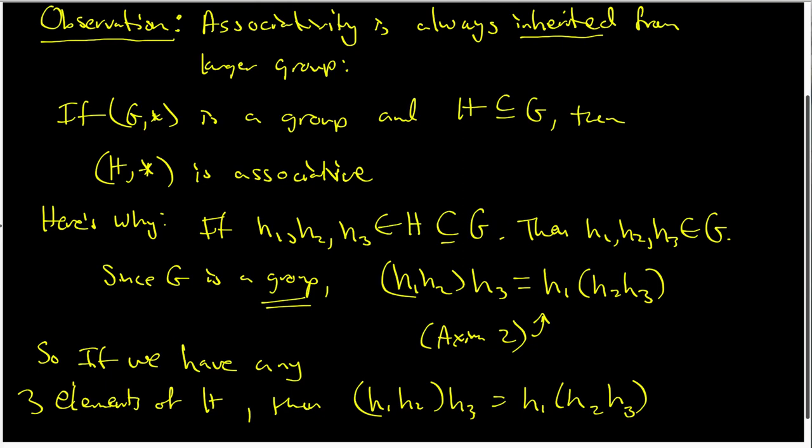Now, there are two other observations that I also want to note, but these lead to theorems that we will prove in a later video. So, my first theorem is based on this.